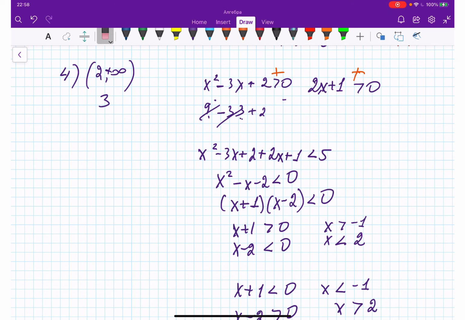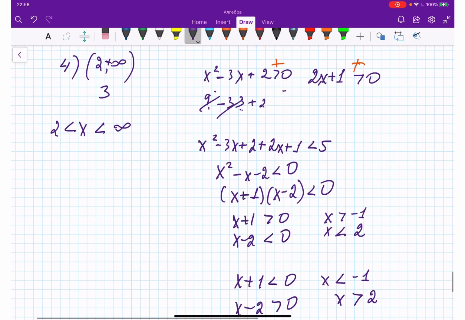So I'm going to write here, x is greater than 2 and less than infinity. Everything that is greater than 2 is going to work. Greater than negative 1, no. It's not going to work because it can take negative numbers.